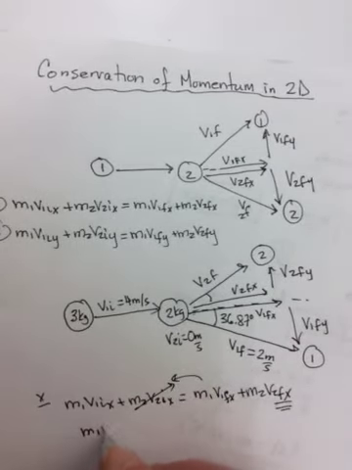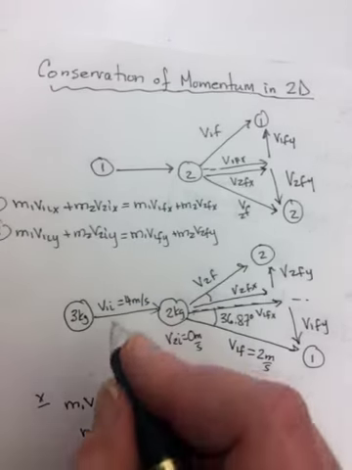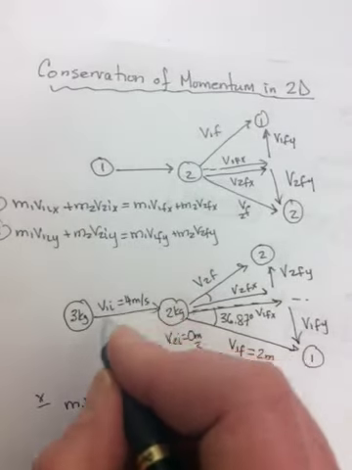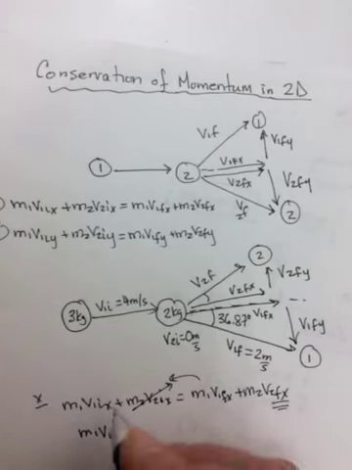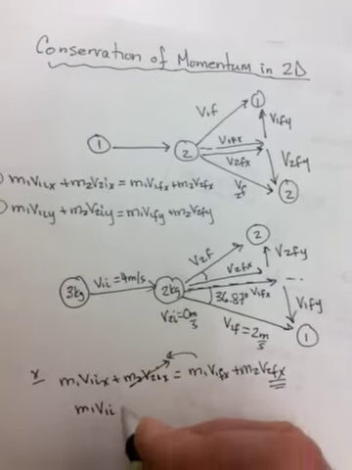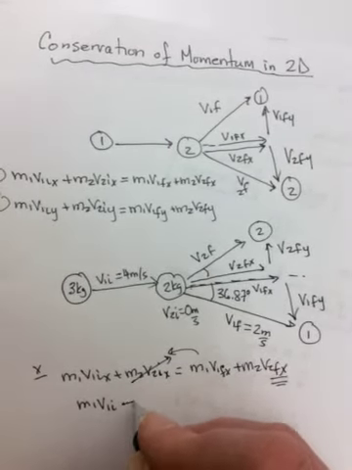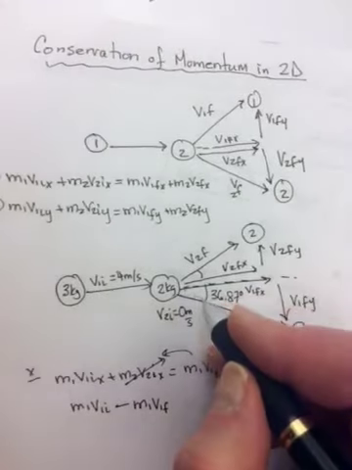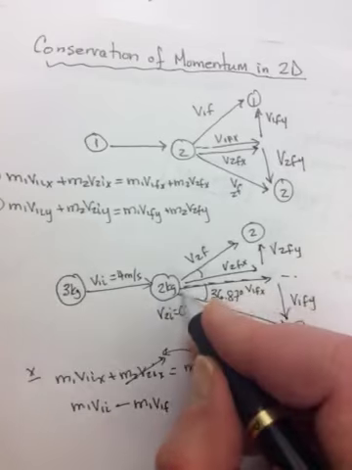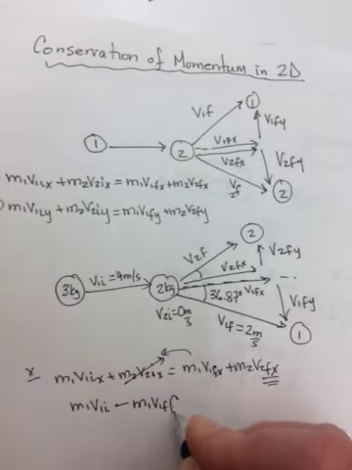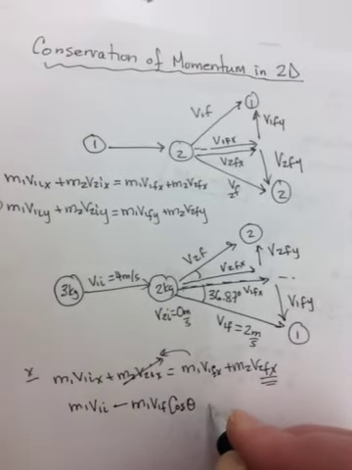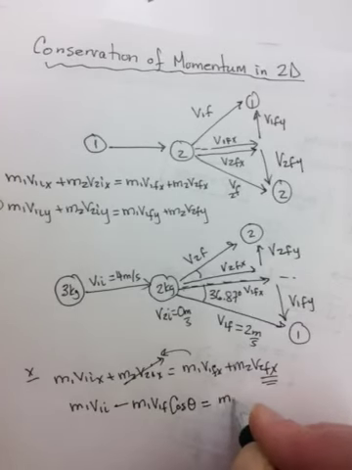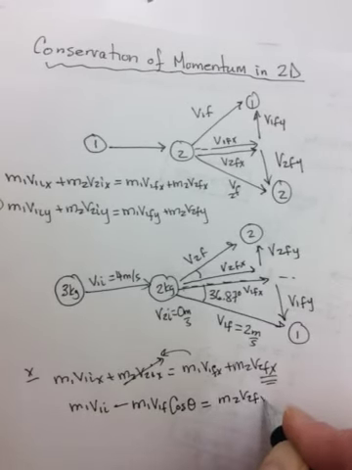This guy goes to 0, and we're looking for v2 final x, so bring this one over. So it'll be m1 v1 initial, and it's all in the x direction, right? There's no angle here. So I can actually drop my x because the v initial is just completely x, minus m1 v1 final. Now the x component here is the adjacent side, so it should be cosine theta, equals m2 v2 fx.